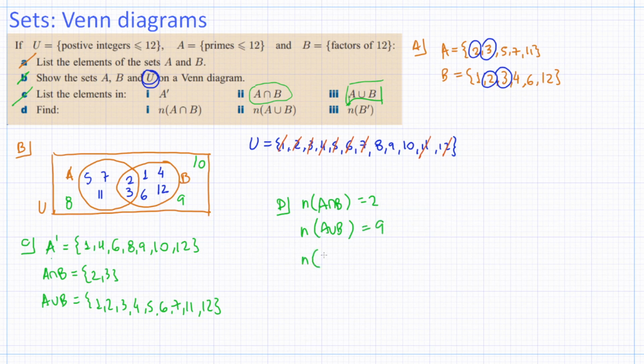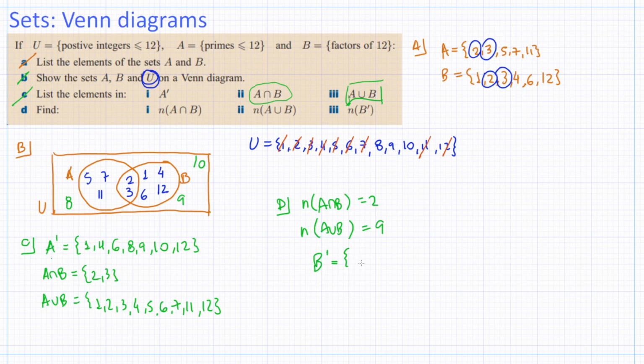And the number of elements in the complement of B. So how many elements do I have in the complement of B? Well, we haven't done the complement of B. So let's do the complement of B first. Likewise, it's all elements that we need for B to become the universal set. So what do we have in set B? 1, 2, 3, 4, 6, and 12.